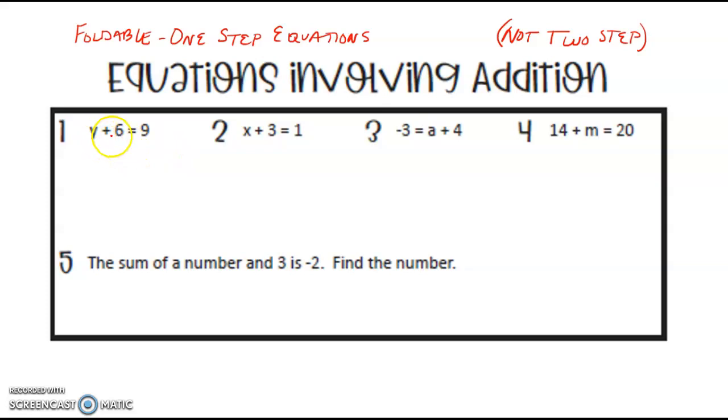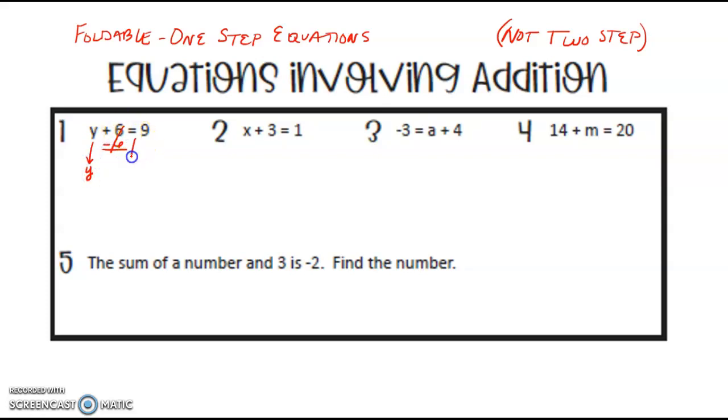So here we have y plus 6 is equal to 9. I'm adding 6 to y, and to get y by itself, I have to undo this operation or do the opposite. So I'm going to subtract 6. My y remains the same.